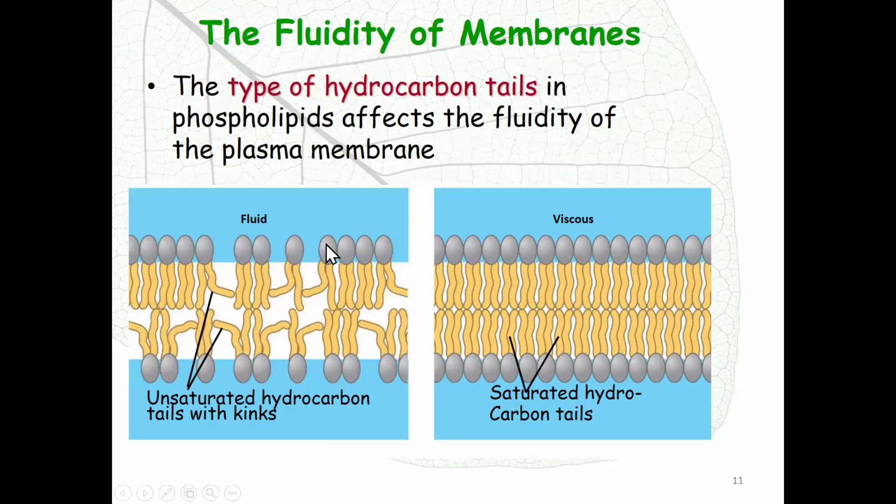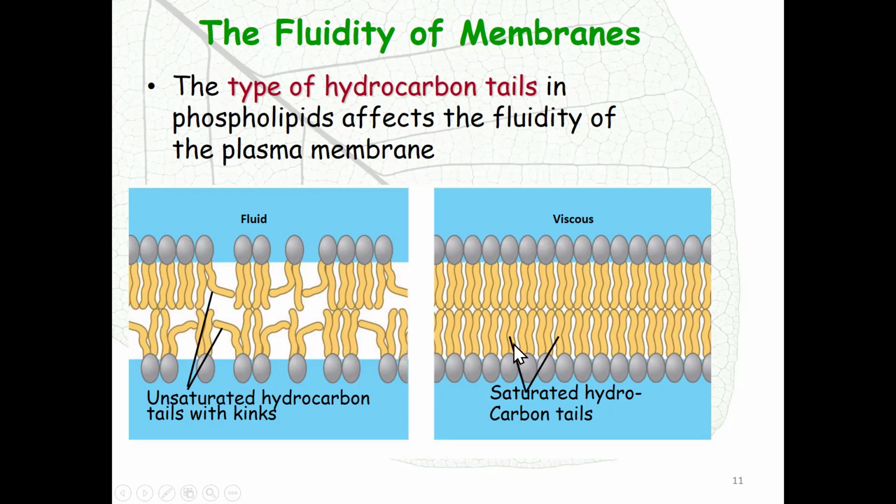Here you can see the fluidity of the plasma membrane. The type of hydrocarbon tails in the phospholipid affects the fluidity of the plasma membrane. Tail means this part. Here you can see they can move side by side like this way, and can even create spaces.